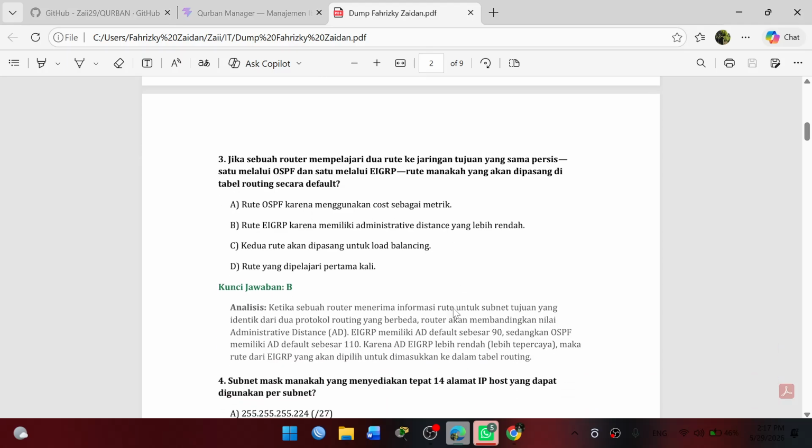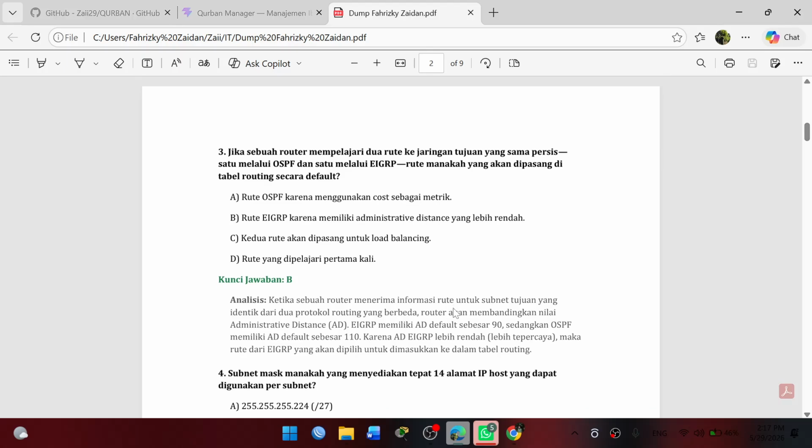And question 3, if a router learns two routes to the exact same destination network, one via OSPF and one via EIGRP, which route will be installed in the routing table by default? For question 3, the correct answer is B. When a router receives multiple paths to the exact same destination from different routing protocols, it compares their administrative distance.